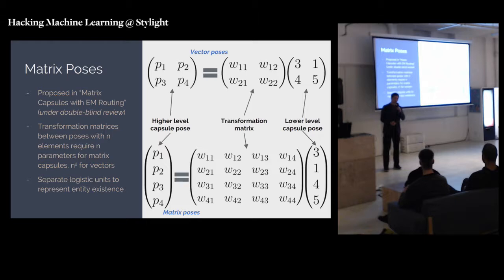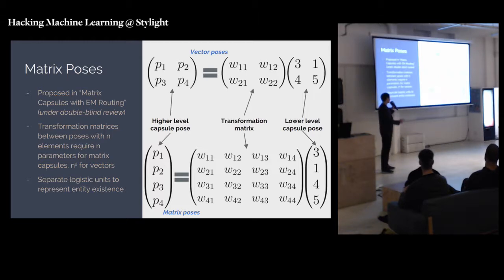So we need to apply a transformation, almost the same way that we would between layers in a scalar outputting neural network. And the idea is that after we optimize this transformation matrix, learning the gradients through backprop, hopefully it will learn to represent the part to whole relationships between the lower level entities and the higher level entities.